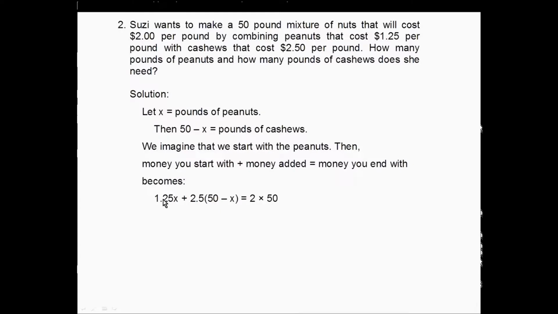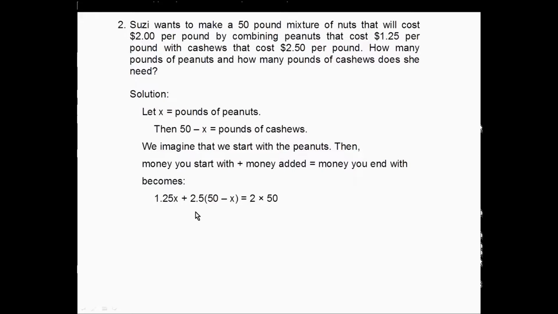So cost per pound of peanuts times weight of peanuts, cost per pound of cashews times weight of cashews, cost in the end times weight in the end. Notice this 50 really is X plus 50 minus X. It's still true that the weight on the right is the sum of the two weights on the left. I didn't put the 0 for 2.50 because it's not really going to matter.